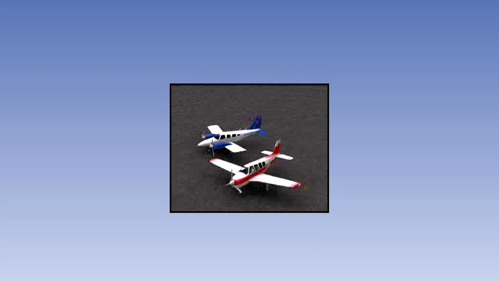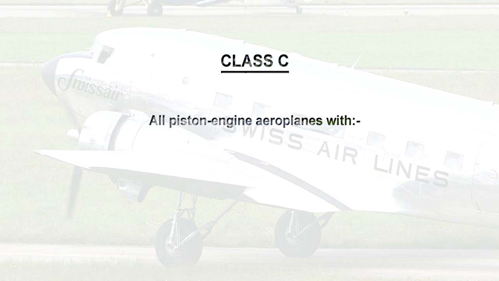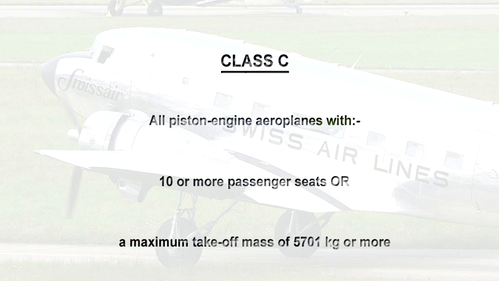The third class of airplane is Class C. This class includes all piston-engined aeroplanes with 10 or more seats or a maximum takeoff mass of 5,701 kilograms or more. This class has similar regulations to the Class A, taking into account reasonably expected adverse operating conditions, such as takeoff and landing on contaminated runways, and consideration of engine failure in all flight phases.